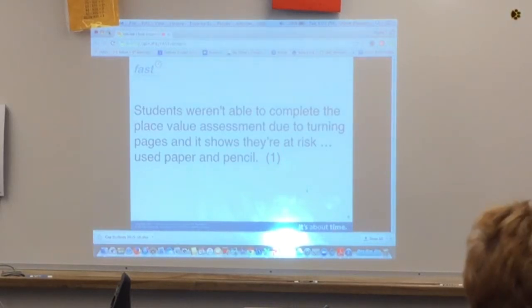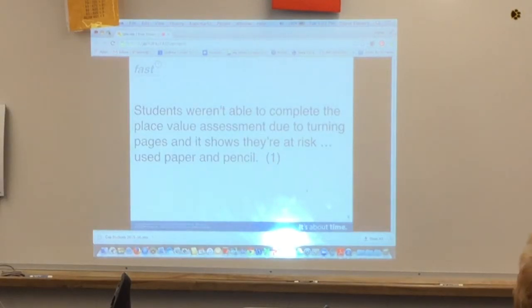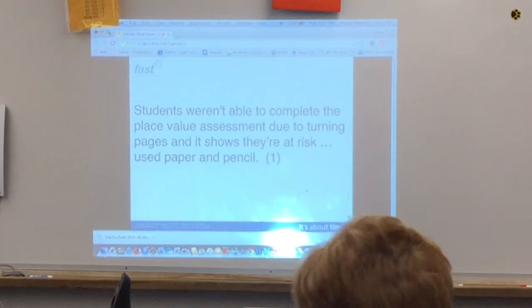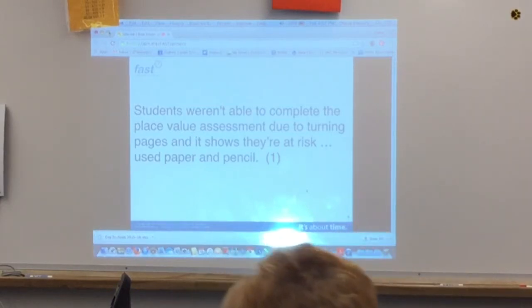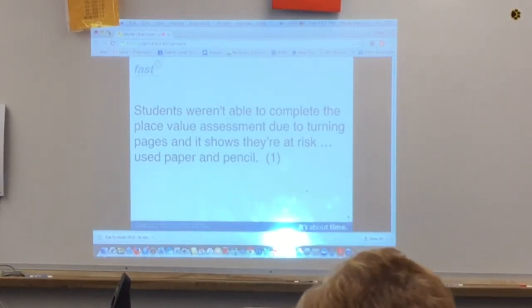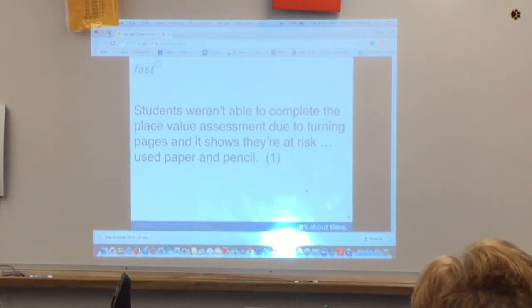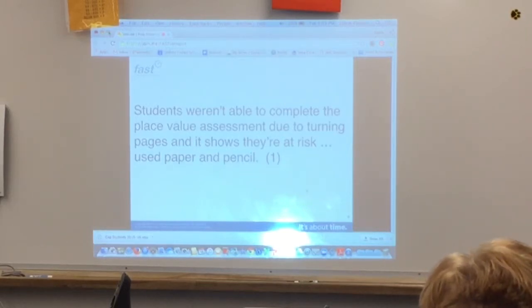Okay. Again, this is one of those tasks that doesn't have that many items. I think the highest score you can get on that is maybe an 8 or something like that. For a task like that, it would make sense to me to use some teacher judgment as to whether the student knows the skill, but they're just not doing it quickly enough.